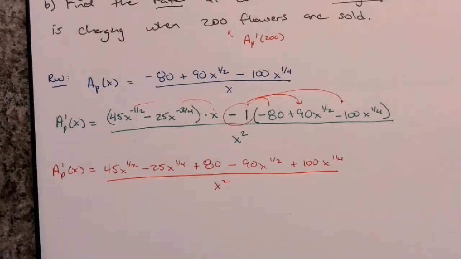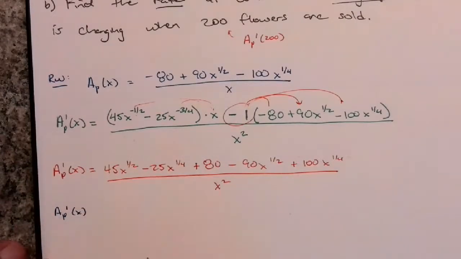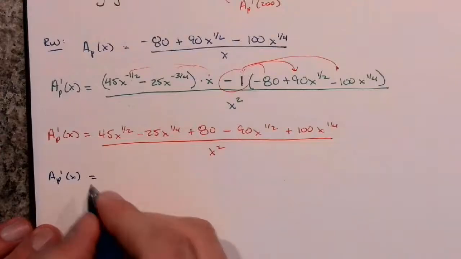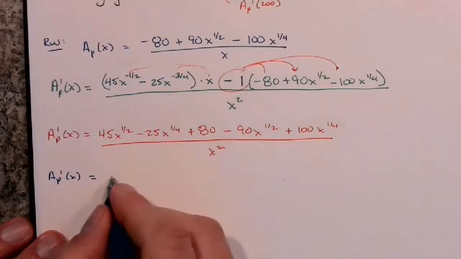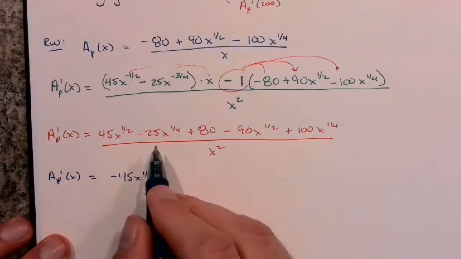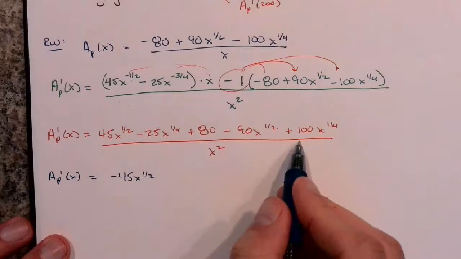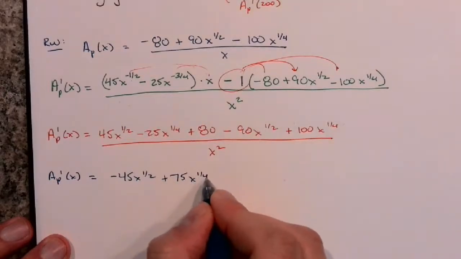And then we want to combine like terms here to make this easier to work with. So a sub p prime of x, this derivative, is equal to 45x to the 1/2 minus 90x to the 1/2 is a negative 45x to the 1/2. Negative 25x to the 1/4 plus 100x to the 1/4 will be plus 75x to the 1/4.